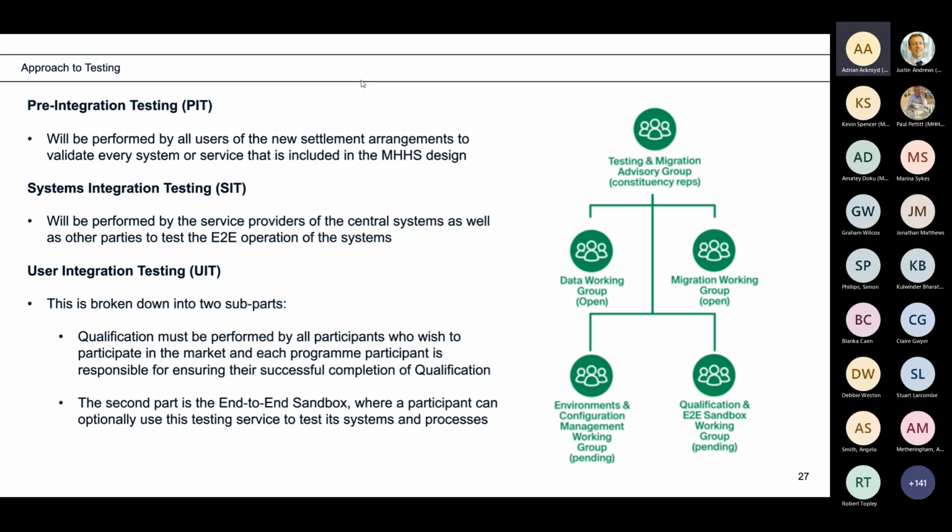A migration working group has been set up, and this is to discuss the optionality around the migration. Do we need all participants to be ready on a certain date? Is there an element where it can be a phased migration? How long will that migration take to move all those MPANs from the old settlement system to the new settlement system?